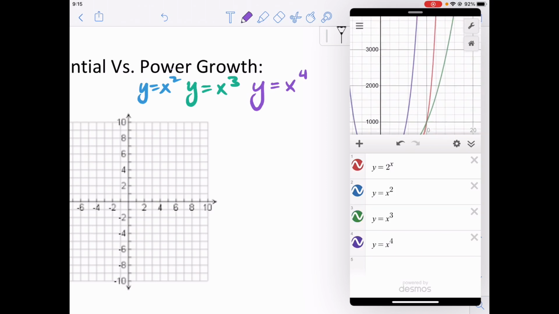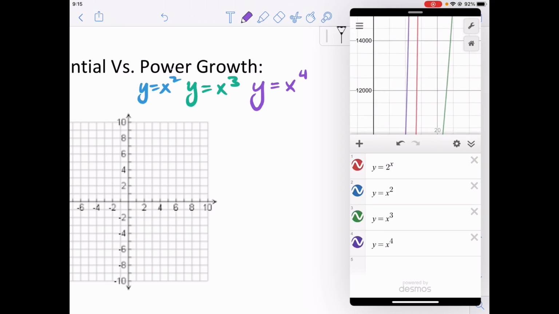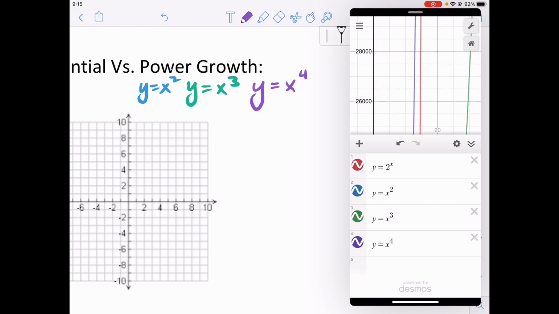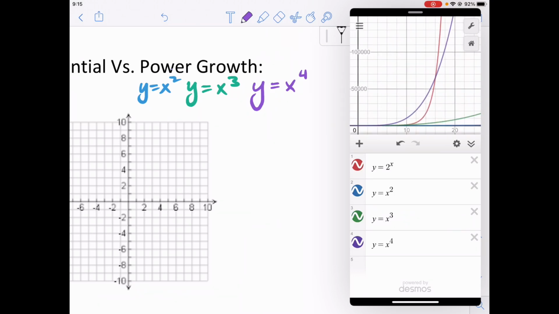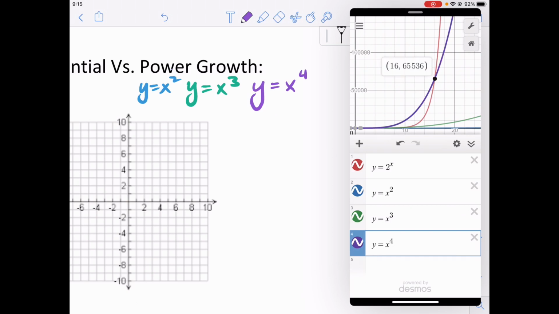And our last one, our purple one, takes a little bit longer, but if we scroll, it overtakes our purple line as well. And so our red line gets above each of these power growths relatively quickly. It seems like it took a lot. We had to go really far up our y-axis, but we only had to go to 16 in x before our red line was faster.